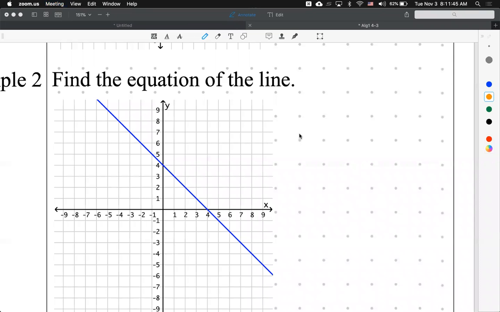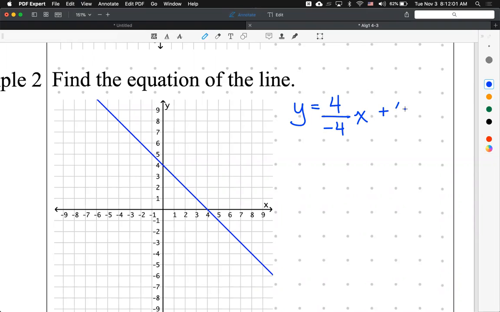Yeah, Yesenia, talk to me. Is it y equals 4 over -4x plus 4? You're correct. Yeah, that is an answer. It's not simplified though. Can you simplify that for us?